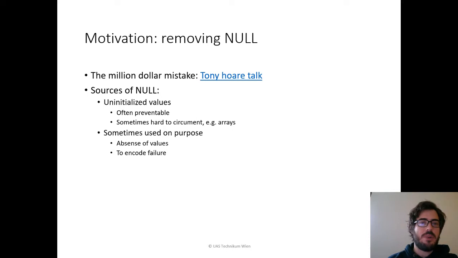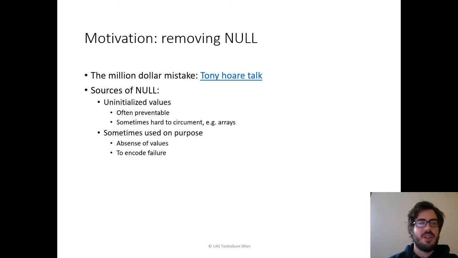There's a popular talk by Tony Hoare. He's famous for many contributions to computer science, but one of the most popular, for example, is the Hoare calculus for program verification.